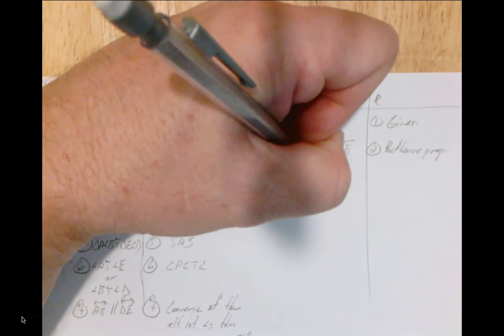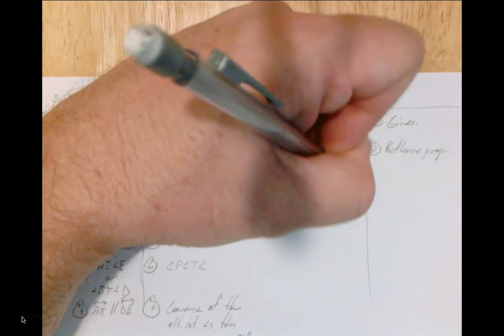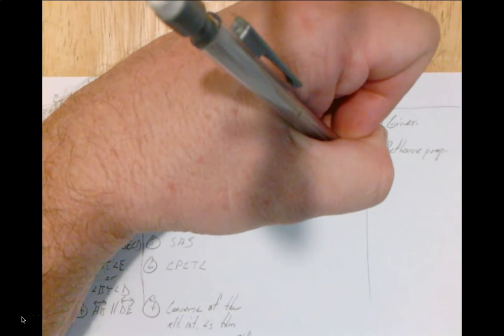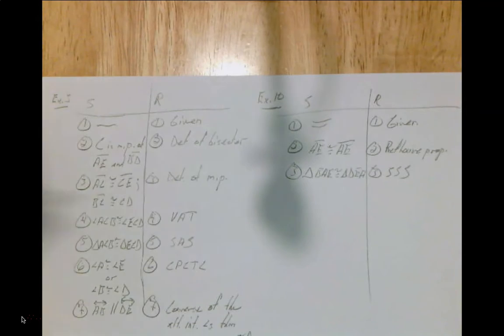Statement 3. Triangle BAE congruent to triangle DEA, side, side, side. Statement 4.